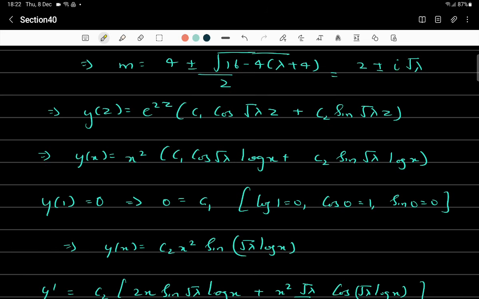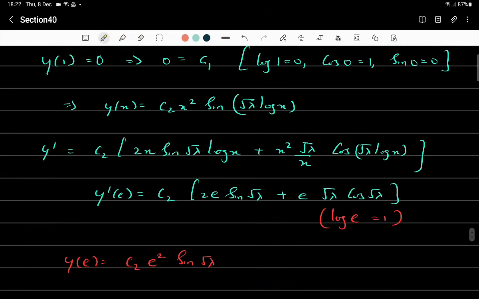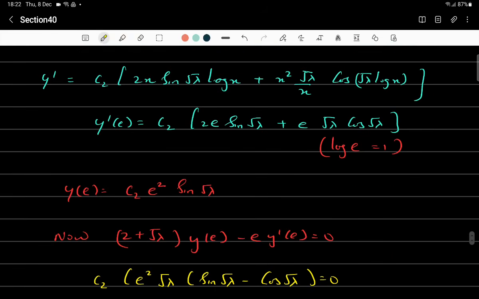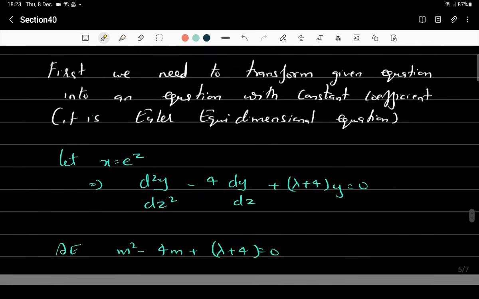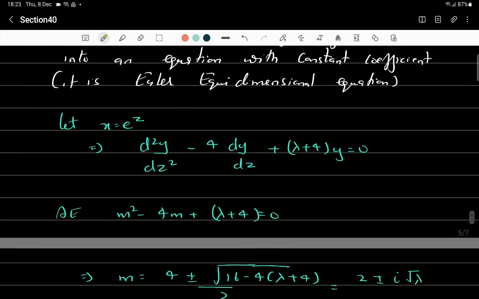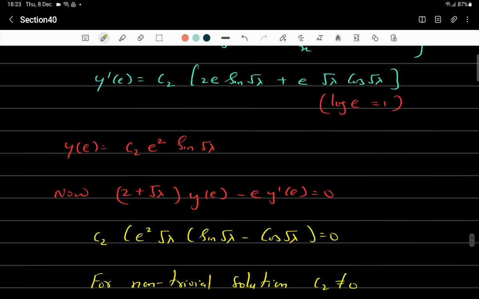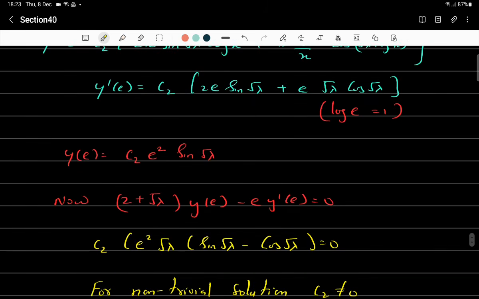That means the solution would be c2 x square sin(root lambda log x). Now you need y dash e. So you compute y dash e and y of e and use the given condition, 2 plus root lambda y of e minus e y dash e is equal to 0. That gives you c2 e square root lambda (sin root lambda minus cos root lambda) equal to 0.